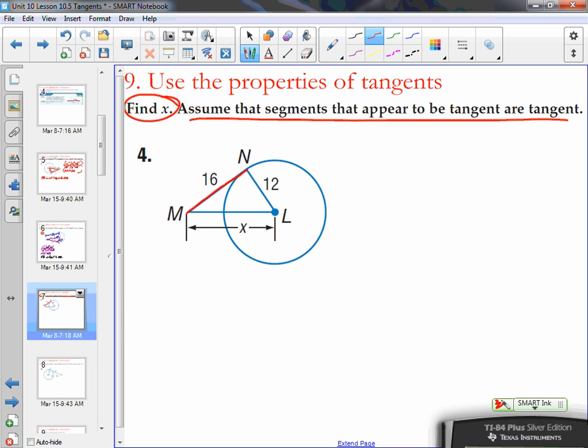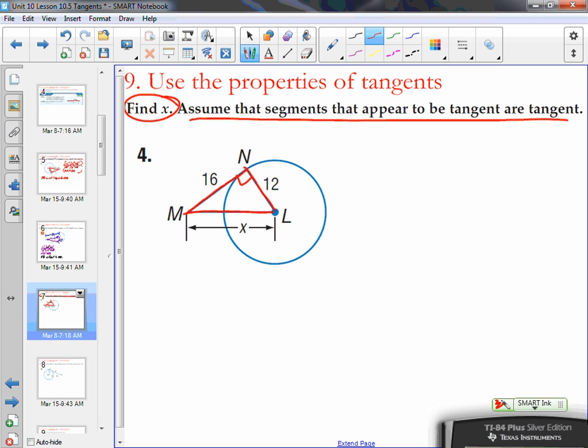We're supposed to find x. So this time, instead of finding out if we have a tangent line, we know that we do. Let's use it. And we're really using the same idea, because since that's a tangent line, it's perpendicular to the radius, isn't it? Well, can't we do the Pythagorean theorem to find x?